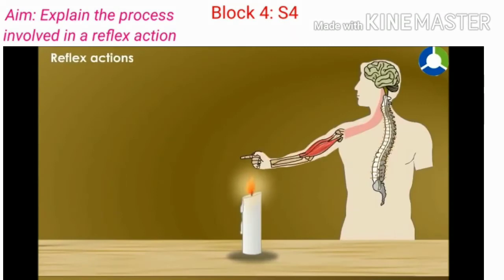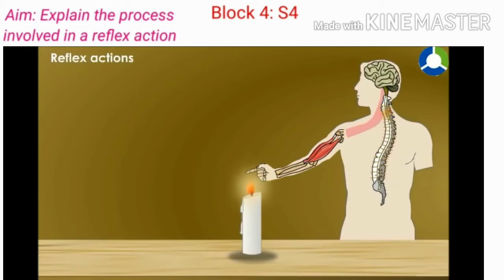When a person accidentally touches a hot object, a pain-sensitive receptor cell in his fingertip detects the heat stimulus and triggers off the nerve impulse. From here, the impulse travels along a sensory nerve to the spinal cord.